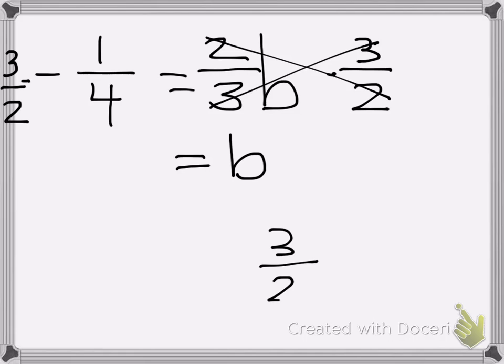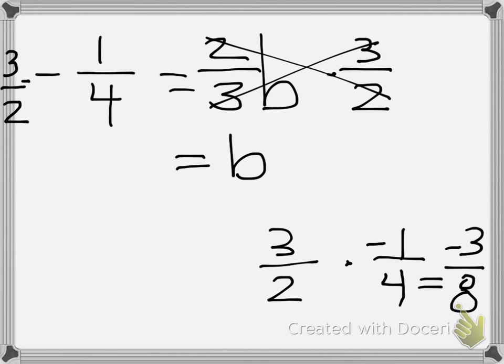So I'm going to rewrite that down here. And we're going to just end up multiplying the numerators, multiplying the denominators, and we get negative 3/8. Since we can't do any simplifying with that, we leave it as negative 3/8.